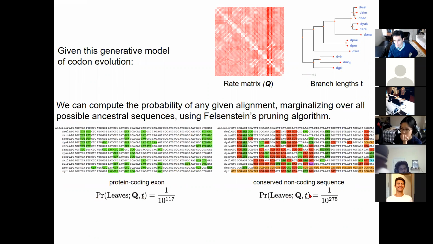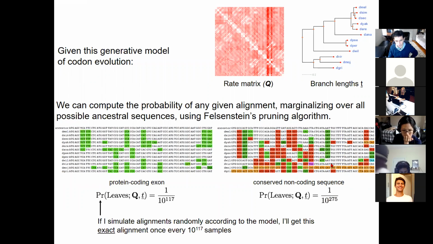And the probability of observing the same leaves here is 1 over 10 to the 275. So that means that if I simulate alignments randomly according to this model, I'll get this exact alignment only once every 10 to the 117 samples. Okay, so that's why that probability is so small.